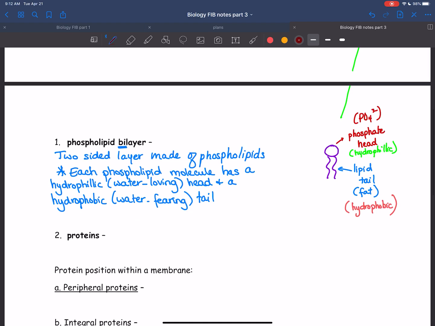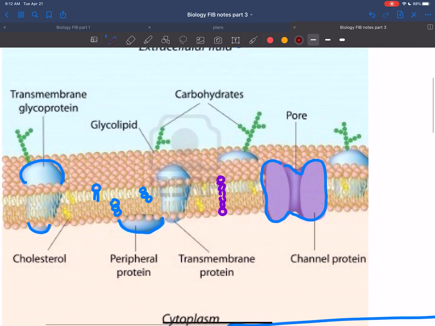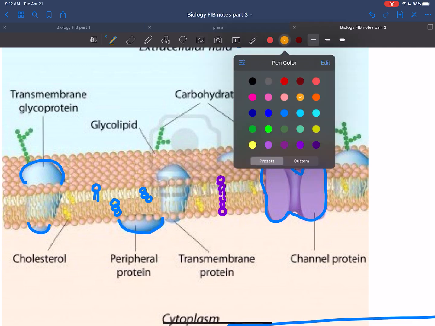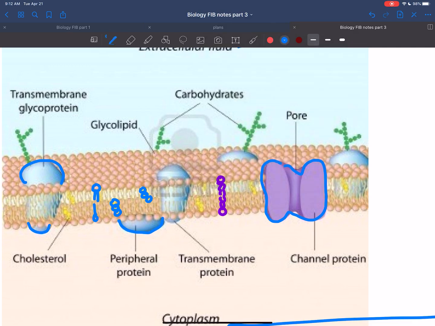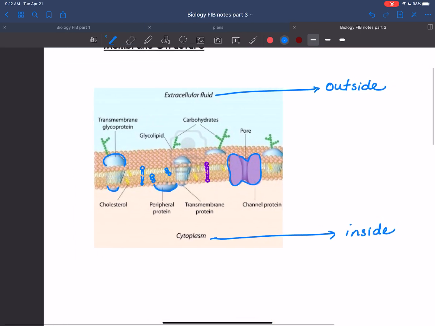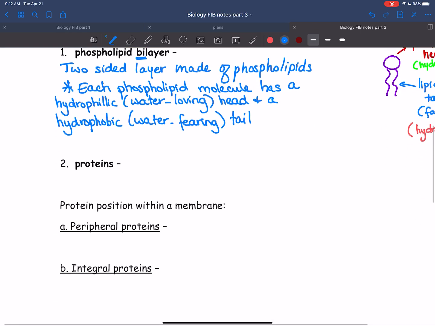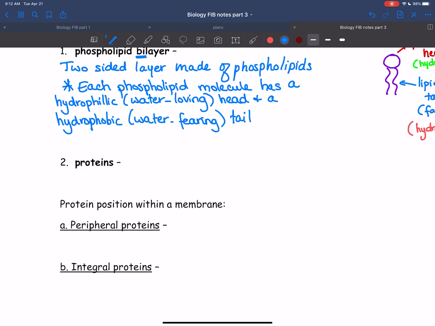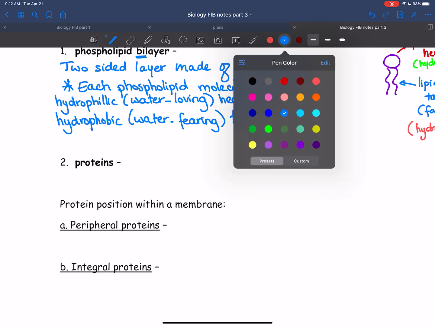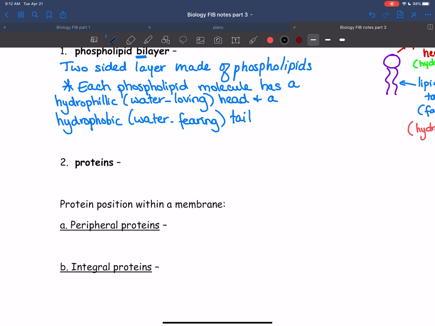Now, together with that layer of phospholipids, we have other things that are found in the membrane, and these are proteins, okay? So proteins, I'm going to change color here, just to make sure we don't confuse things, are embedded throughout the membrane.